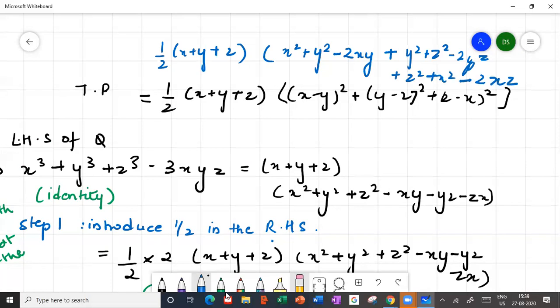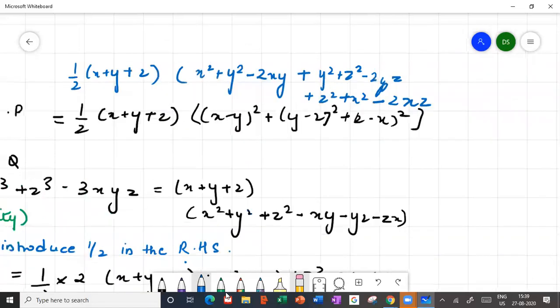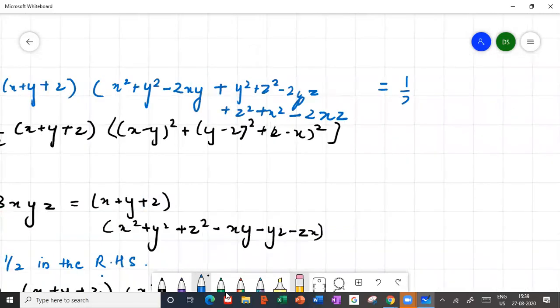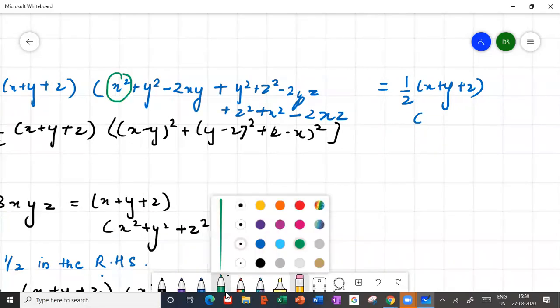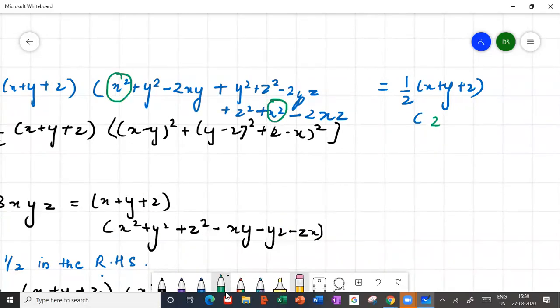Now if I bring the terms together, what will this become? Half x plus y plus z as it is. This I can write as, see, x square is repeating 2 times, so 2x square plus similarly 2y square and 2z square minus 2xy minus 2yz minus 2xz.